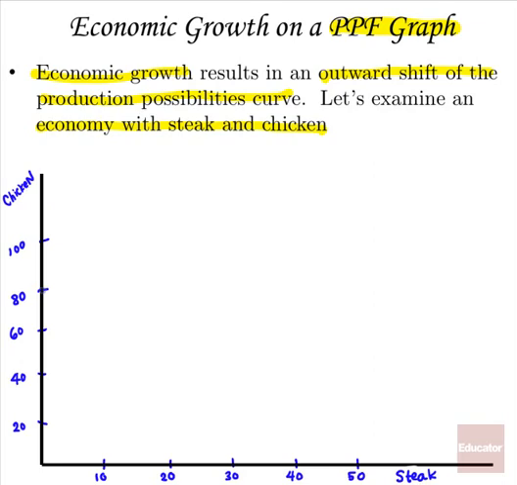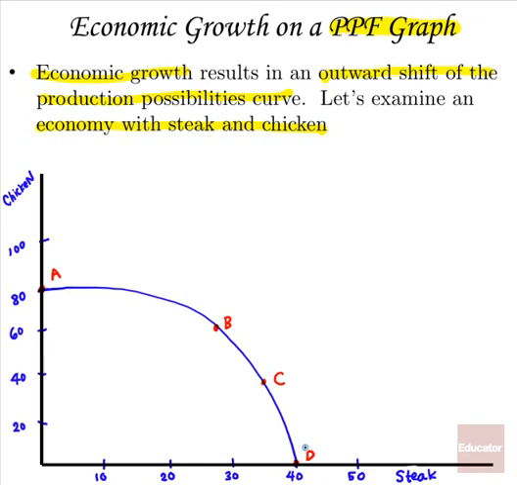Okay, so let's put the original production possibility frontier as such here. So any point here on this graph would be points of efficiency. So let's label this point A. Let's label this point B. Label this as point C, and label this as point D.